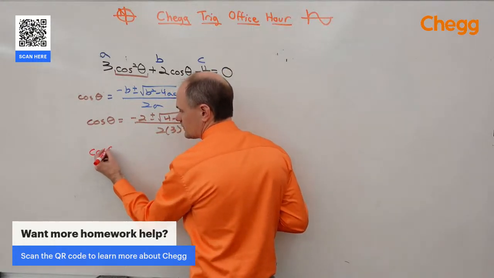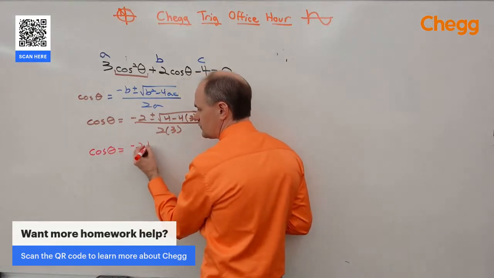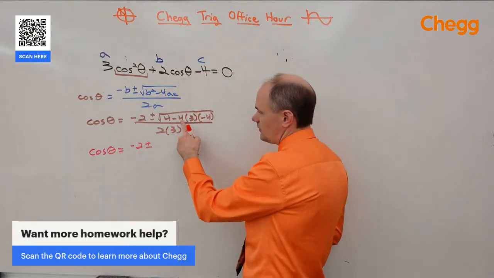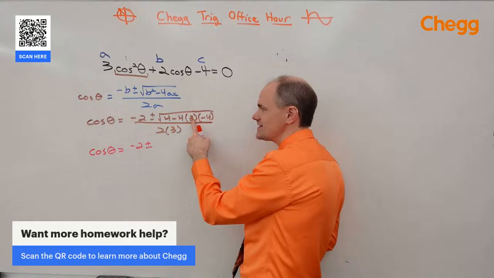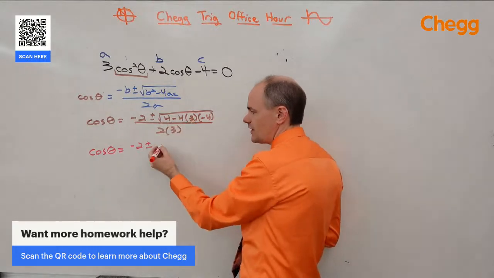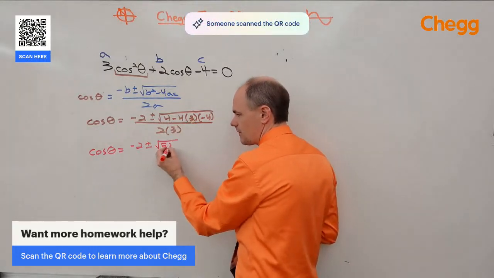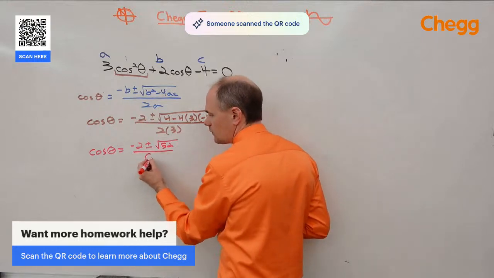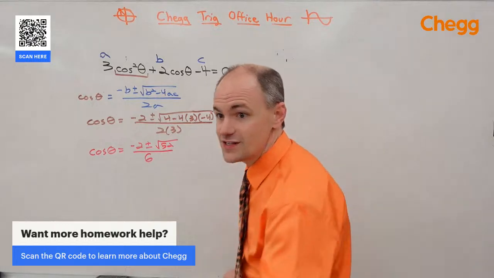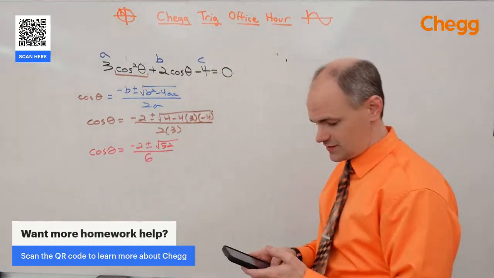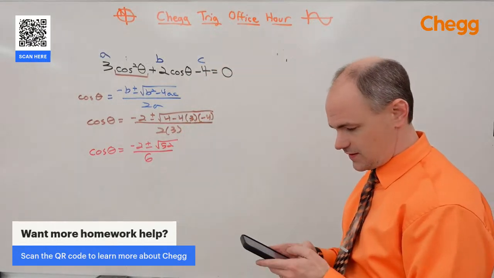Let's see what we get. The cosine of theta is equal to -2 plus or minus the square root of 4 plus 16 times 3, which is 48. 48 plus 4 is 52, all over 6. I'm probably going to need a calculator to estimate the square root of 52.